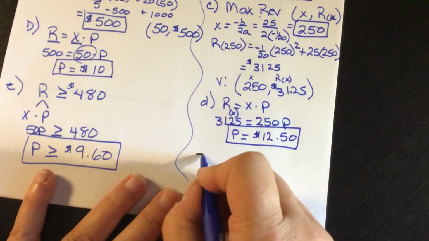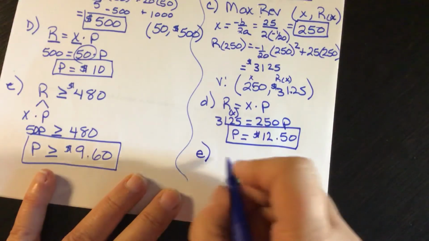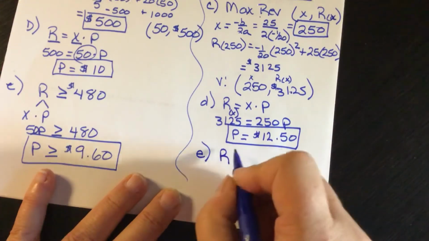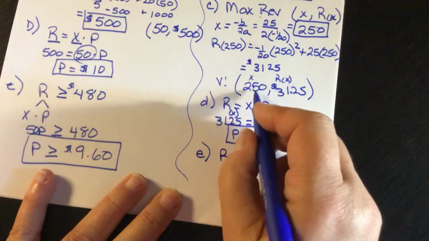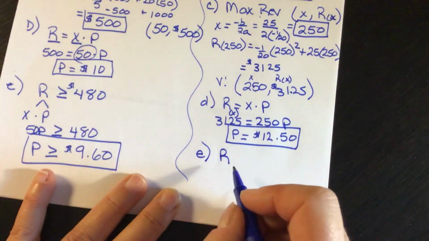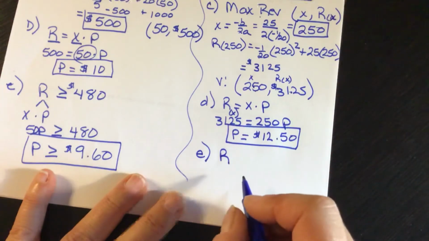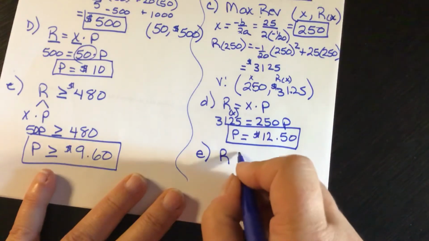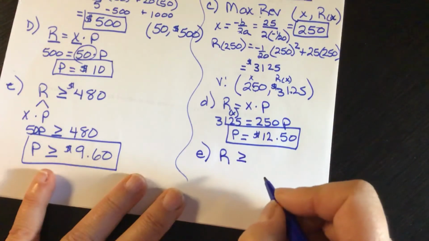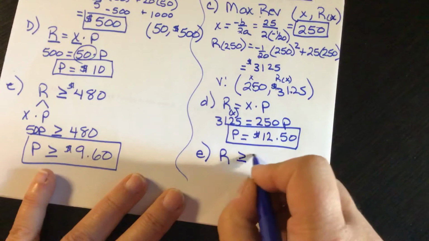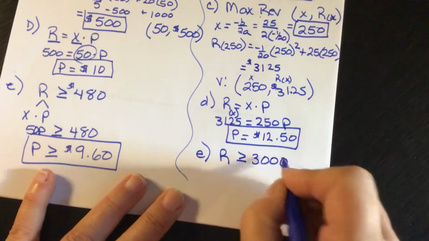Then in part E, I want the revenue for my maximum number for 250 to be greater than $3,000. So what price would make my revenue be greater than $3,000?